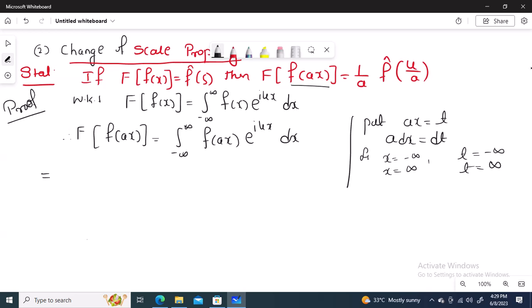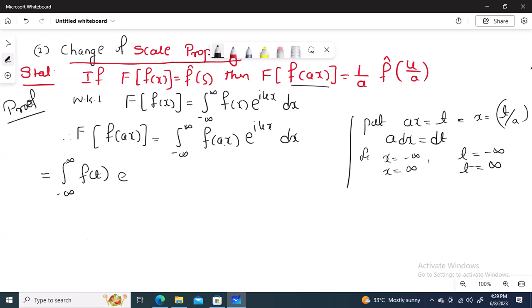So what happens if I substitute and simplify this? Minus infinity to plus infinity, f of t, because ax is t. Then e power iux, x is replaced by what? Since ax equal to t, x equal to t by a, because our aim is to convert all x into t.